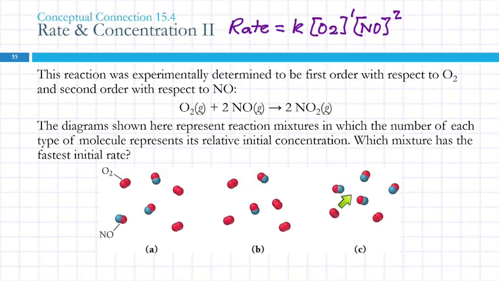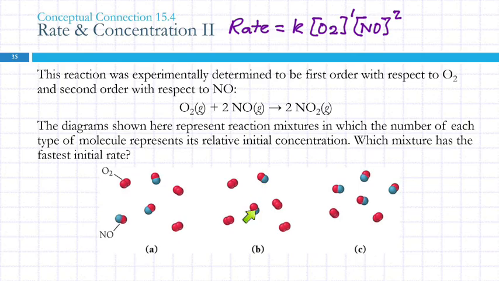So this one has 4 nitrogen monoxides to 2 oxygens. So this 4 is going to get squared, to 16. And we put the 2 in there. 2 times 16, 32.